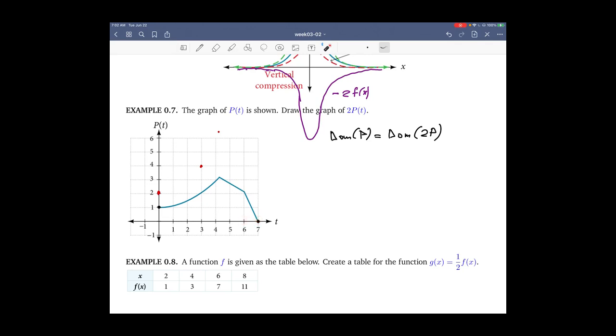At 6, the value of p is 2. Stretching that by a factor of 2, we get 4. Note again that x's stay where they are. We only stretch the y's.